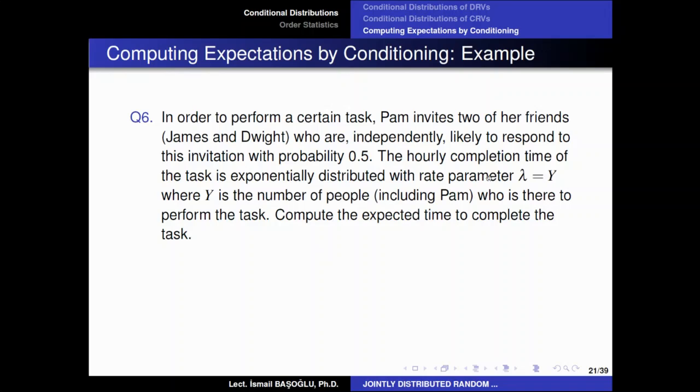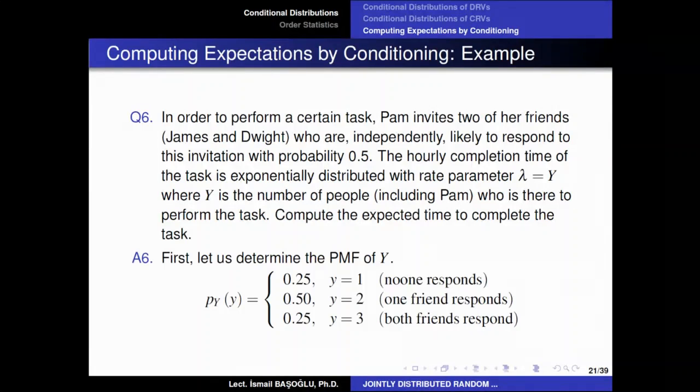So you see, the hourly completion time of the task is a random variable. However, its parameter lambda is also another random variable, which is the total number of people involved in this task. So the question is asking: compute the expected time to complete this task.